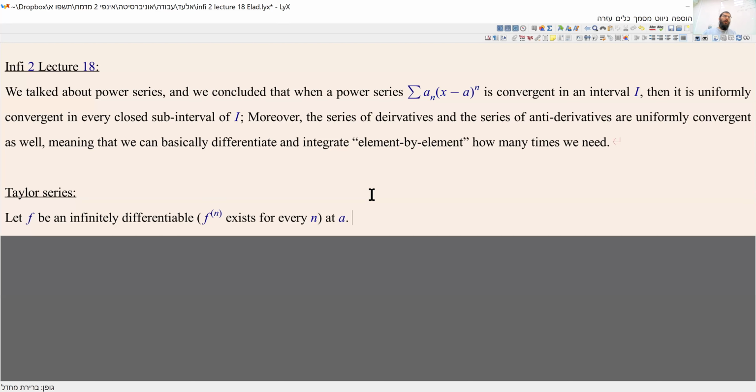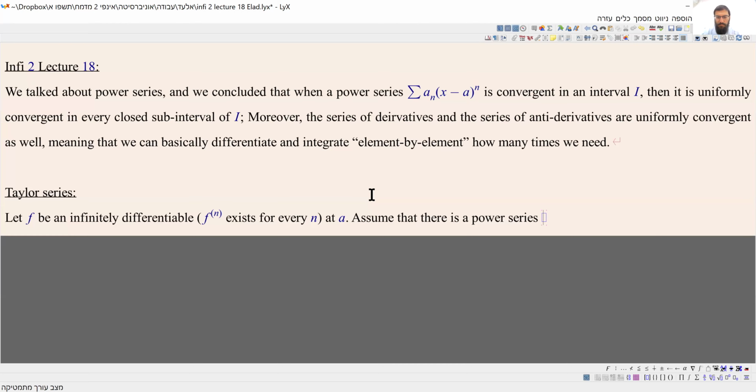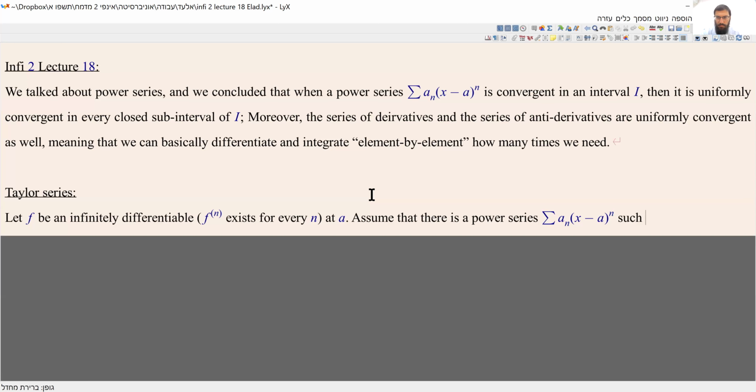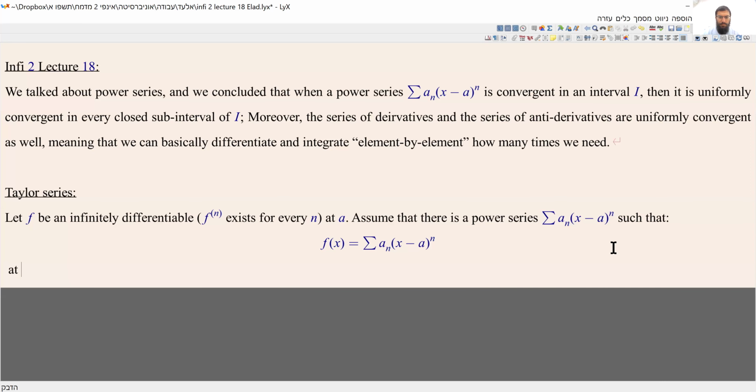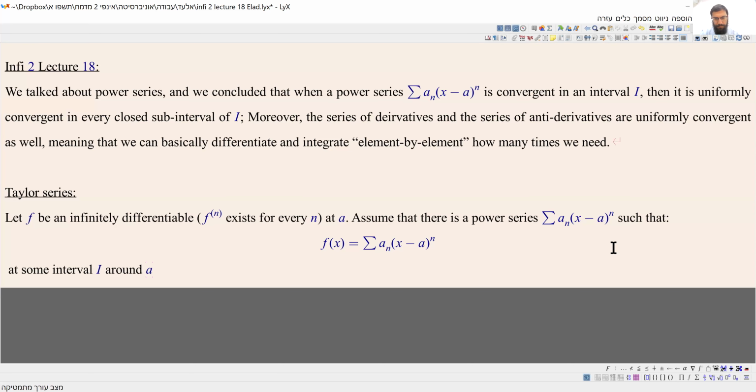So right now we assume that f can be written as a power series, not for every x in R, not for every real number, but on some interval I around the point a.